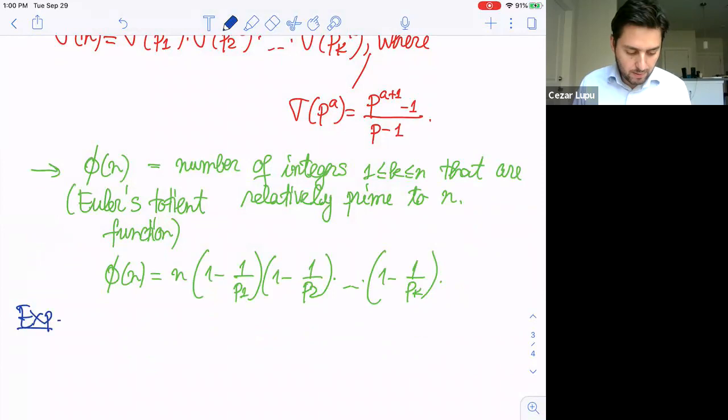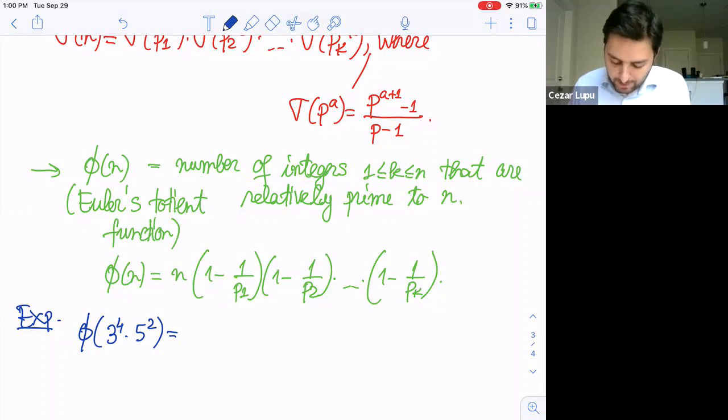For example, let me give you a quick example. If I want to compute, let's say, Euler's totient function of 3 to the 4th times 5 squared, well, if you look at this formula, we write the prime factorization.